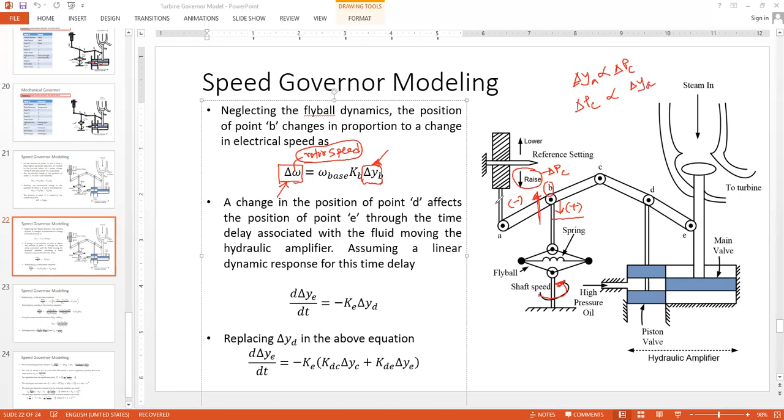But we are lowering point A, right? We are lowering point A, but we write it as a positive change because of the convention we are adopting here: any change in the downwards direction is treated as positive. So that's why this is okay. There's no problem with this.